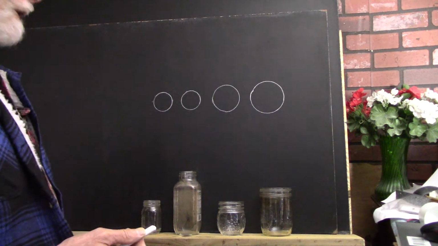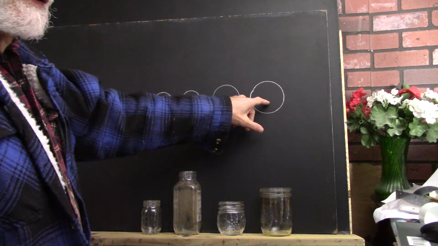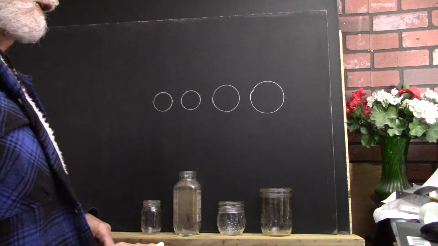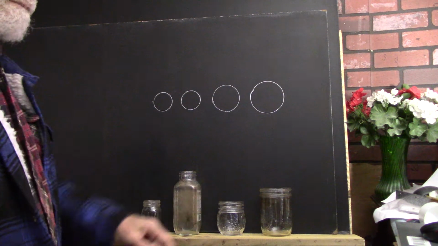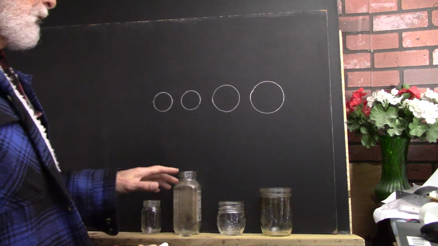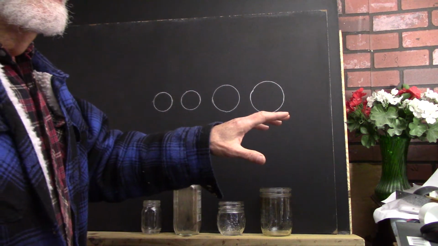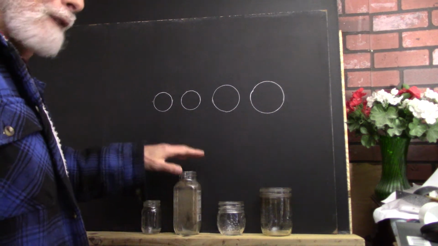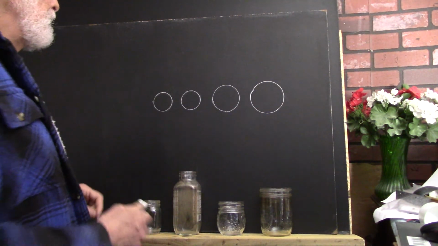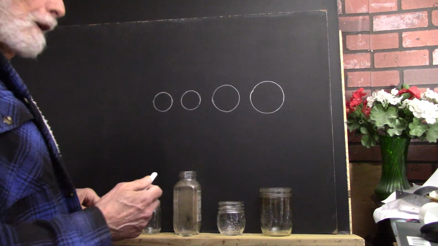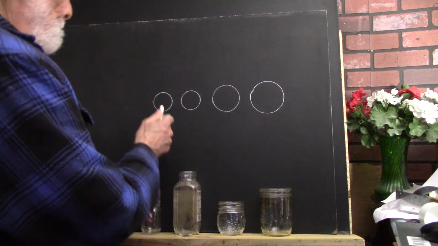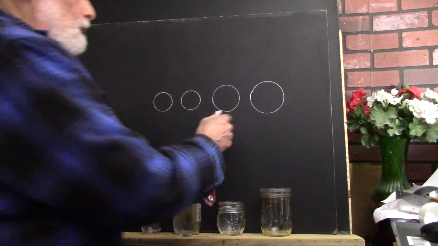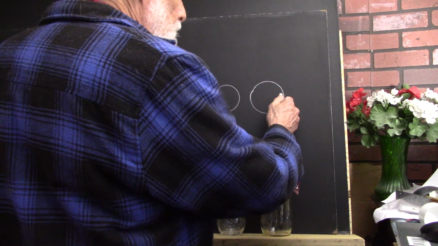Now, one problem, of course, is we can't use these circles as a basis for calculating the relative areas in which the rain falls because the circles are too big. Each circle is, well, let me just use this last one.